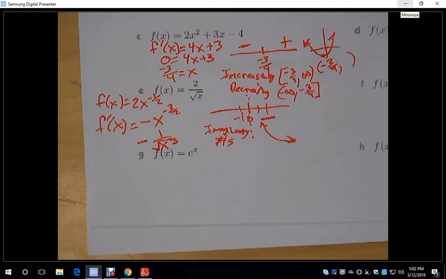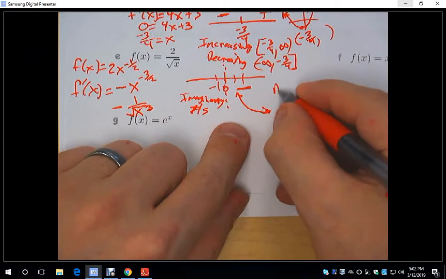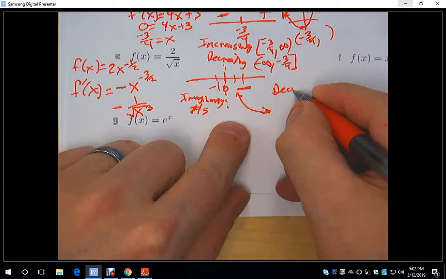So let's move on to the next one. Oh, so we're just decreasing. I should say that we're just decreasing from 0 to infinity. 0 is not included, it's a vertical asymptote, and infinity is not a real number.